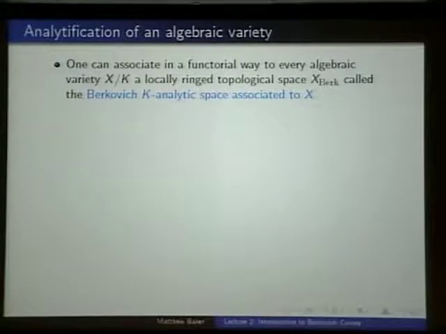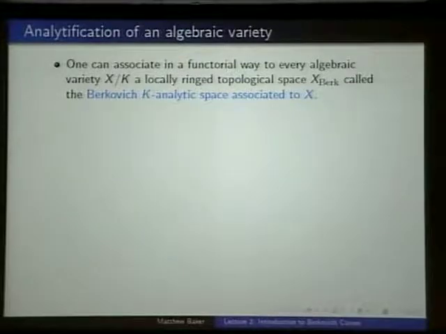And just to very quickly wrap things up, I still haven't talked about many general spaces, so I just want to say what you can do without saying how you do it. You can associate in a functorial way to every algebraic variety X over K, or more generally to every quasi-separated, quasi-compact rigid space, some Berkovich analytic space.